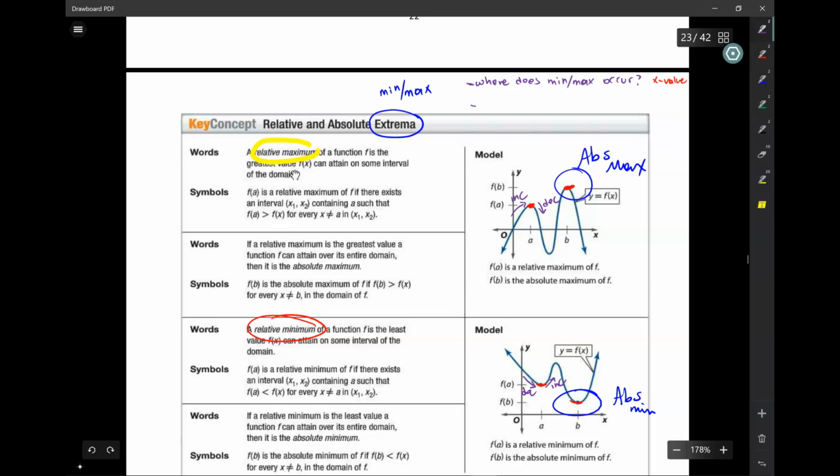When you're asked what is the minimum or maximum value, value always means y coordinate. Cool? Where is x? What value is y?